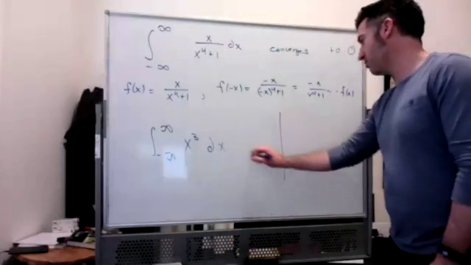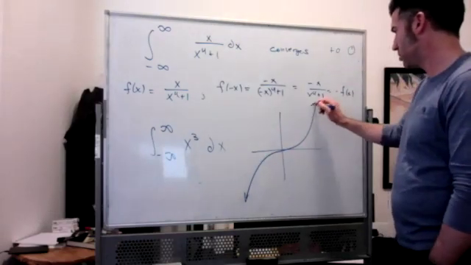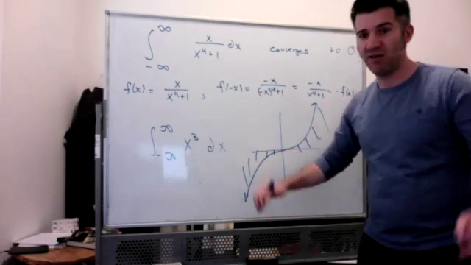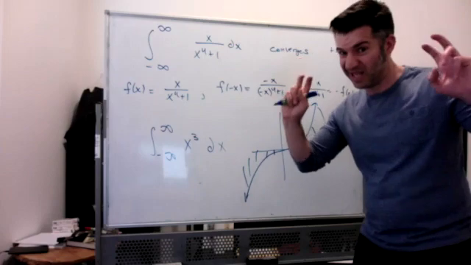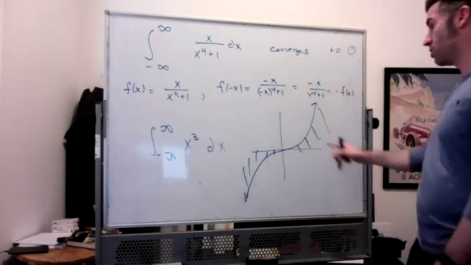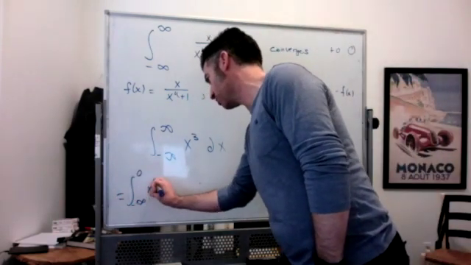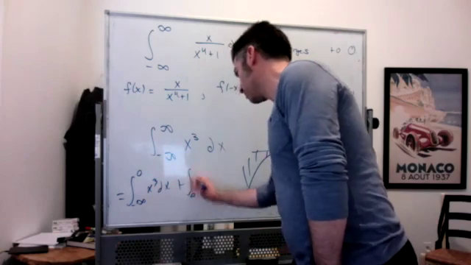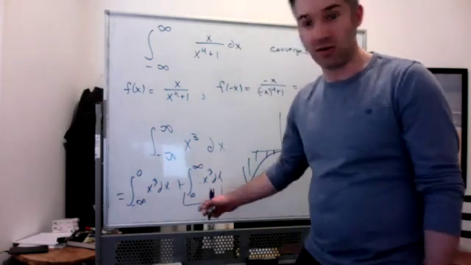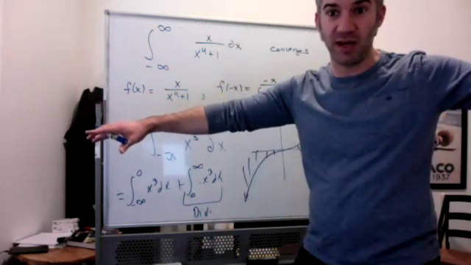If you break this up, you've got all this area here and all this area here. Even though these look like they cancel out, no good. If you break this up as the integral from negative infinity to 0 of x cubed plus the integral from 0 to infinity of x cubed, this diverges. Now we're done. One thing diverges, the whole thing diverges.